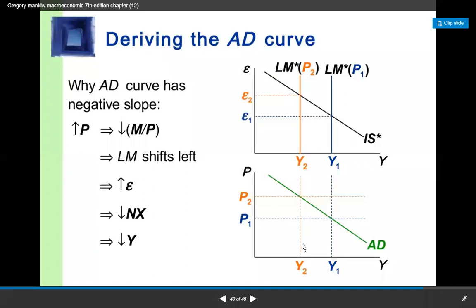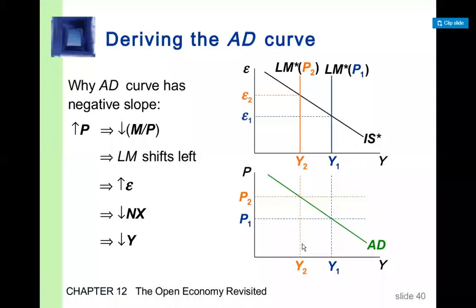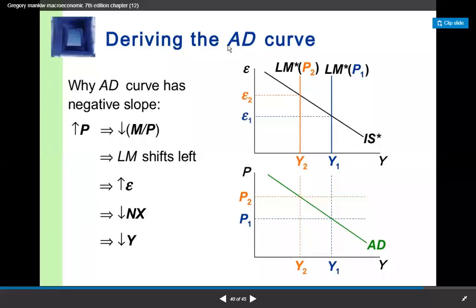So therefore, we derive the aggregate demand curve from the Mundell-Fleming model with the change in price level, which was assumed fixed in the beginning of the Mundell-Fleming model.